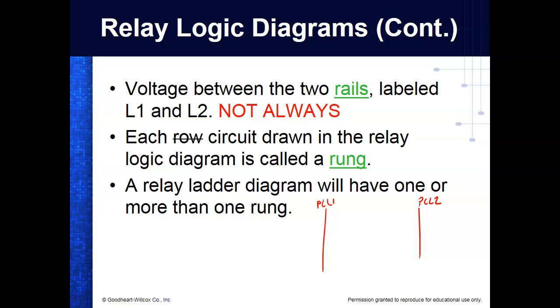But what we do is we draw the diagrams between L1 and L2. And we can have a lot of them, we can have a few of them. We've got to have at least one, and the circuits themselves are referred to as rungs. So we've got to have at least one rung, but we can have many rungs.